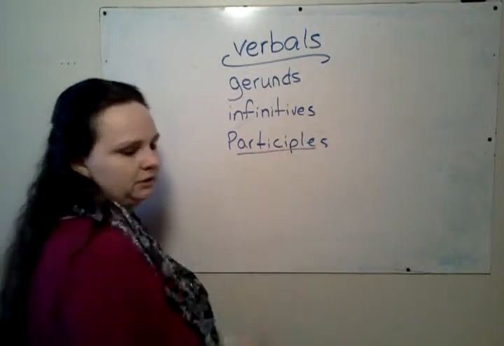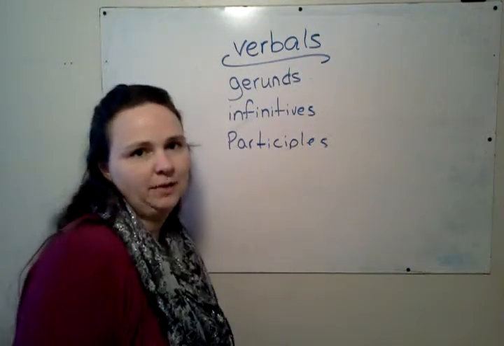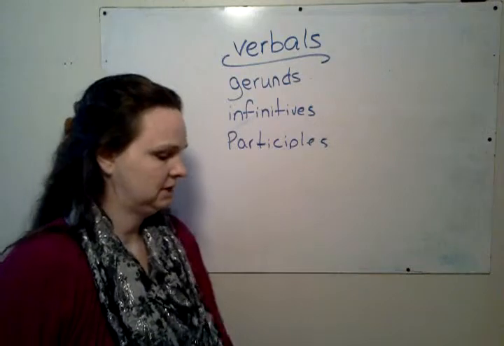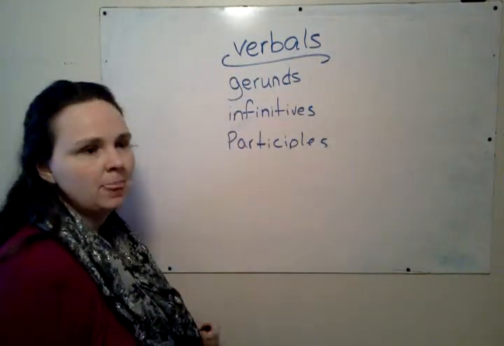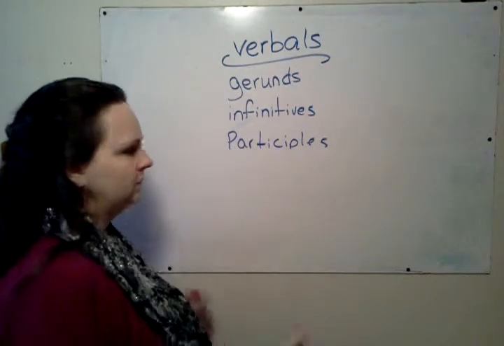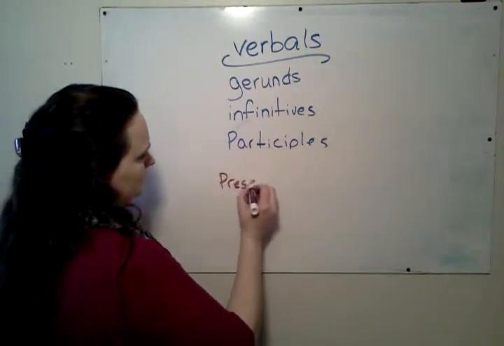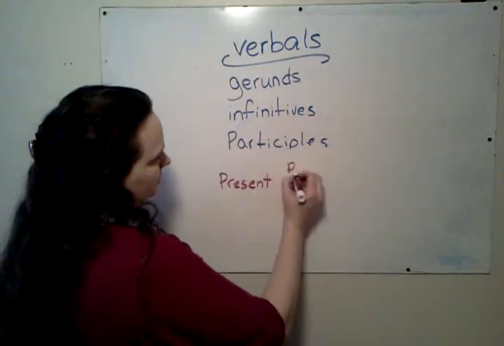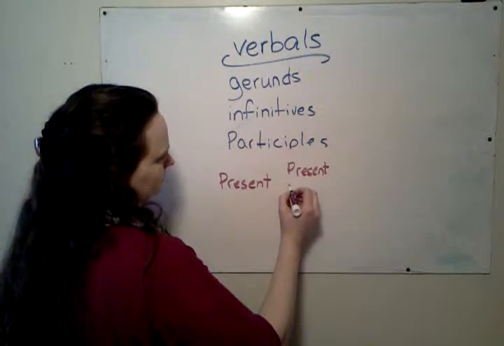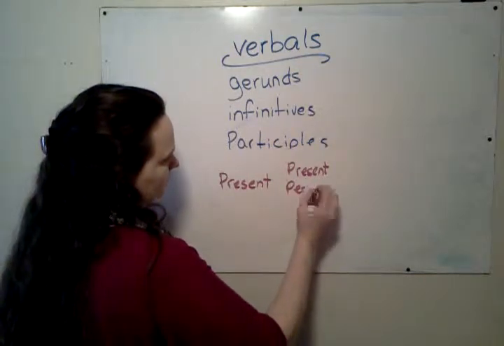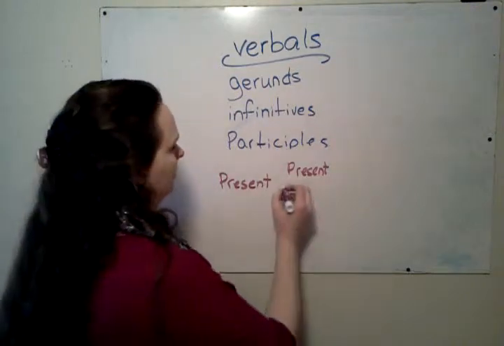I think participles is the easiest one to understand because we've already learned about them in principal parts. If you remember when we covered principal parts, we learned that there were 4 forms of verbs. There was the present form, the present participle form.